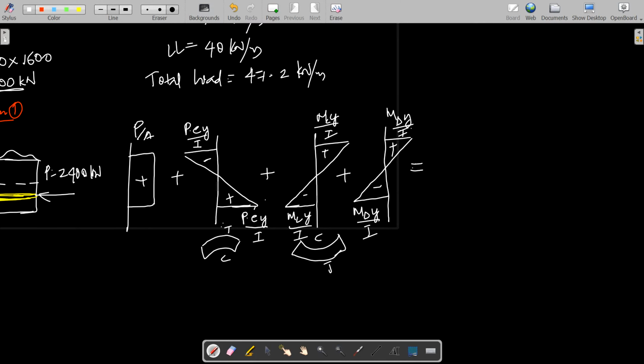We will find it and we will write that value. Okay, so first we will find out due to the direct stress. As we have discussed, these two are due to the pre-stressing force and these two are due to the applied gravity load.